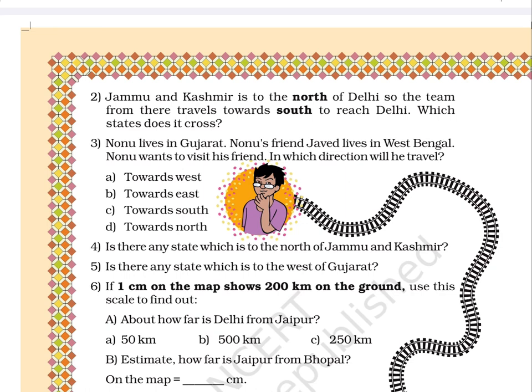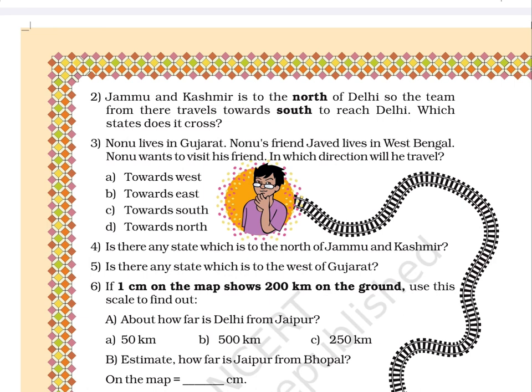In which direction will he travel? A. Towards west. B. Towards east. C. Towards south. Or D. Towards north. 4. Is there any state which is to the north of Jammu and Kashmir? 5. Is there any state which is to the west of Gujarat?